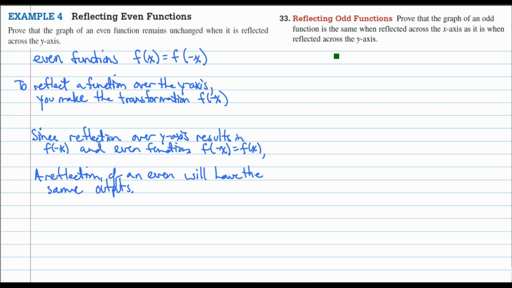I'm proving that a reflection across the x-axis, so the opposite of f of x, a vertical change, is the same as f of negative x, a reflection across the y-axis. So this is what I'm trying to prove.